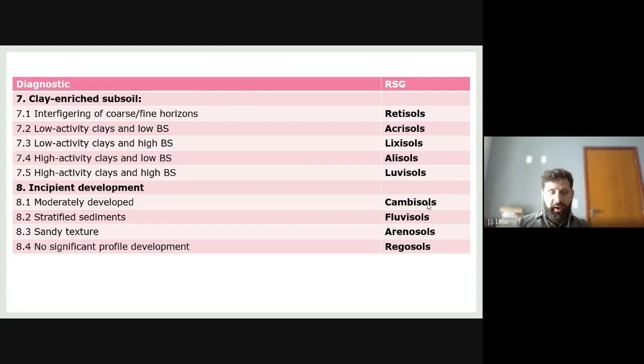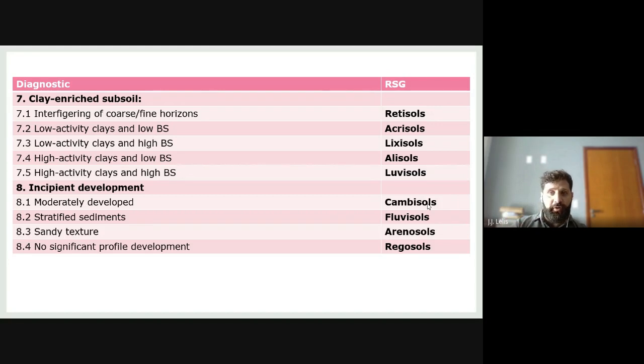If we have a soil that possesses a higher clay content in the subsurface horizon in comparison with the surface horizon, and we can see an interdigitation of coarse material and fine material, we call the soils retisols.